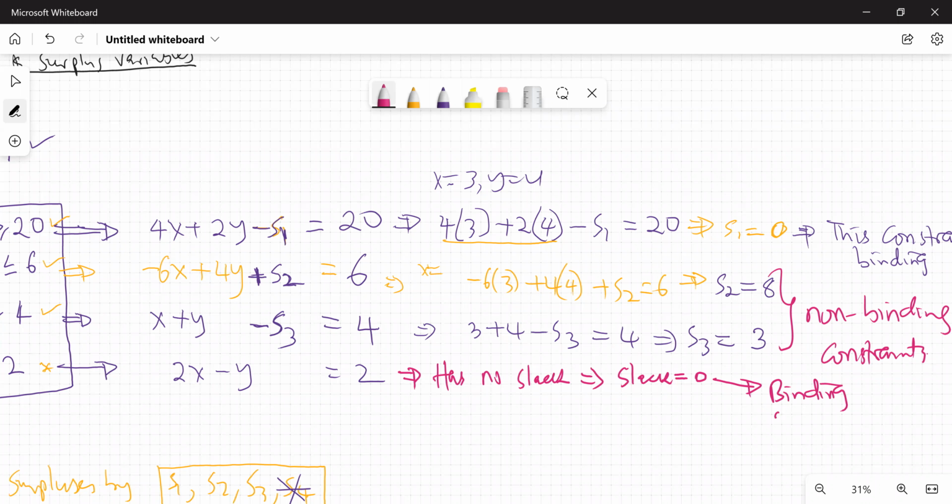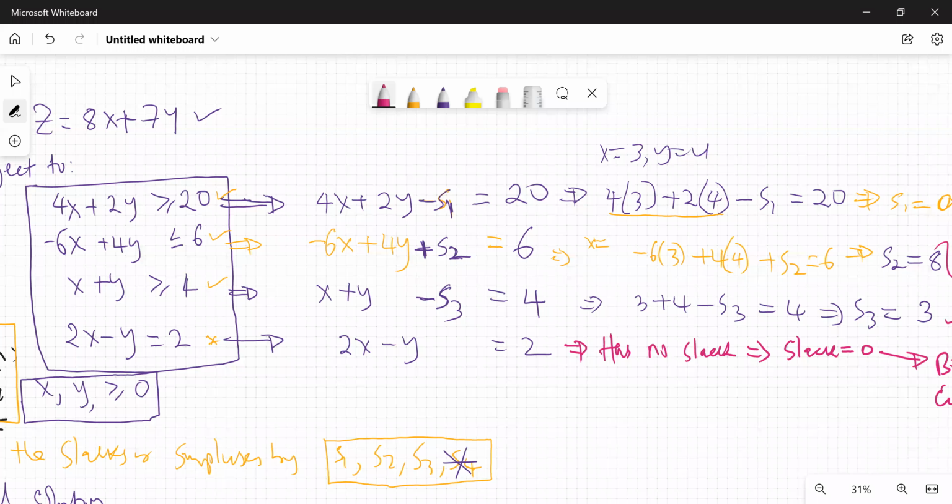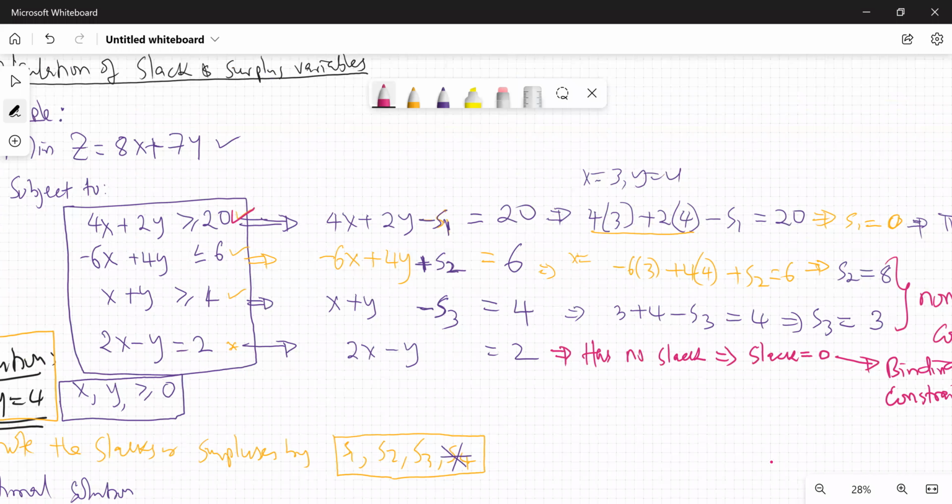So in this illustration here, we have two binding constraints, the first one and the last one, meaning that they are passing through the optimal point.